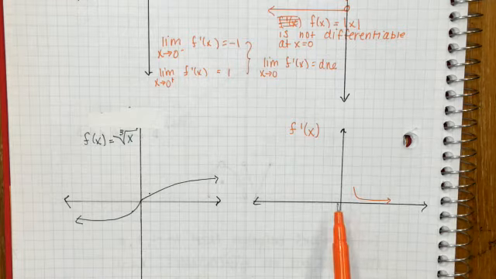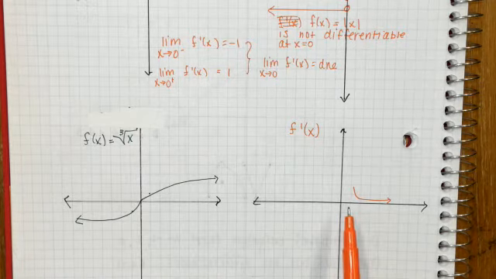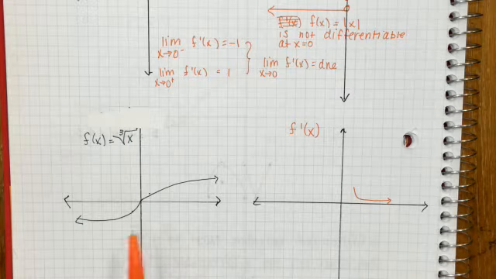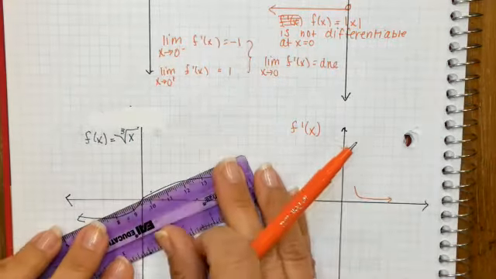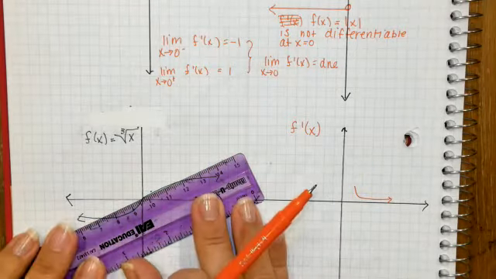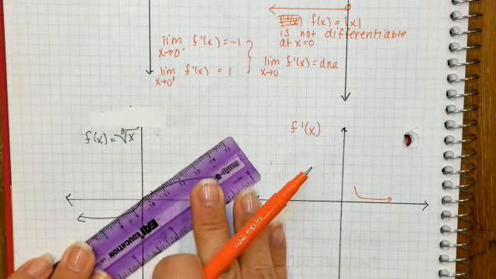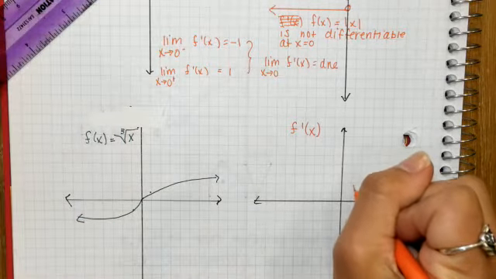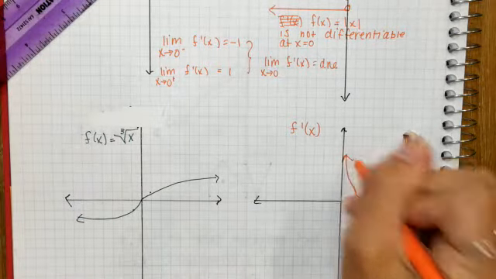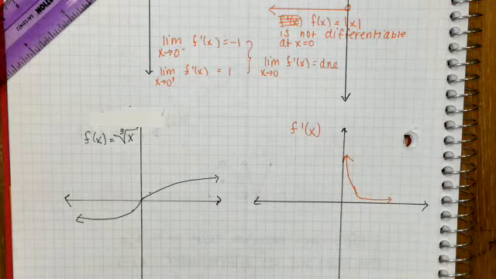When x is between 0 and 1, you'll notice that the slope of the tangent is getting bigger and bigger. It is approaching infinity. Not the most pretty of graphs.